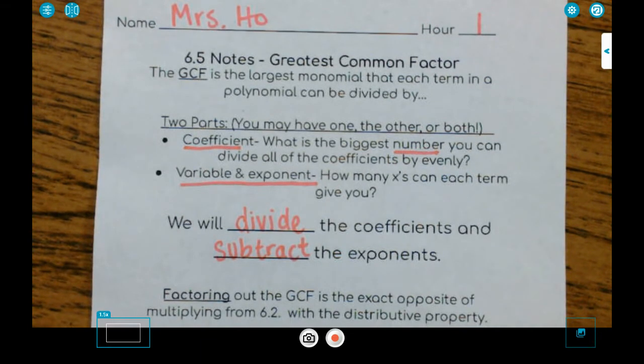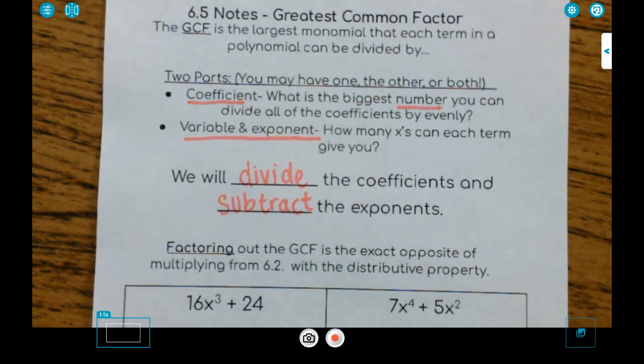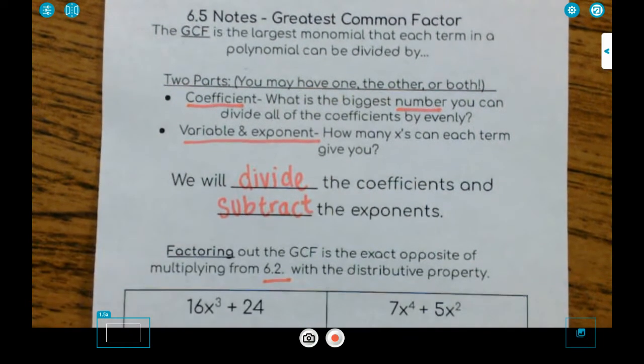So divide the coefficients and subtract the exponents. The next note here says factoring out the GCF is the exact opposite of what we did in 6.2 when we multiplied with the distributive property.